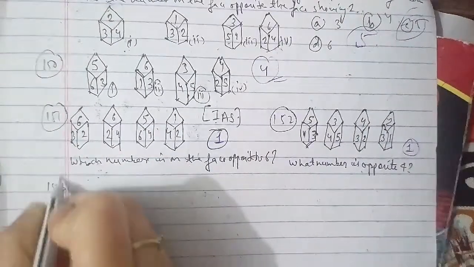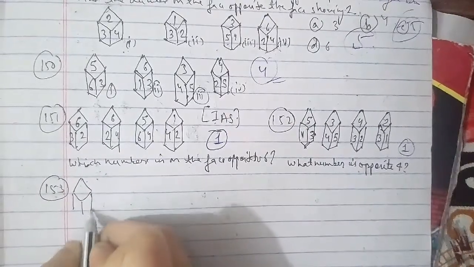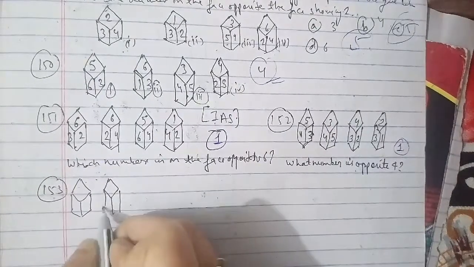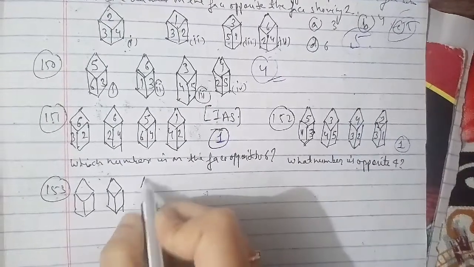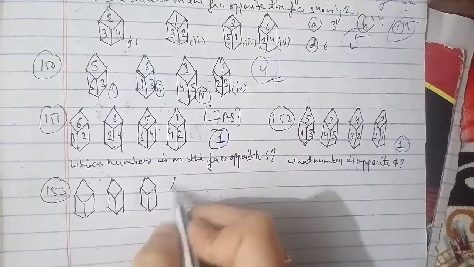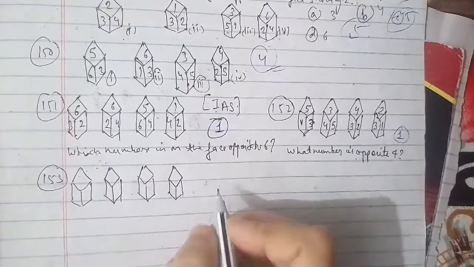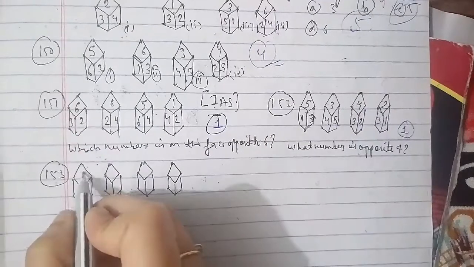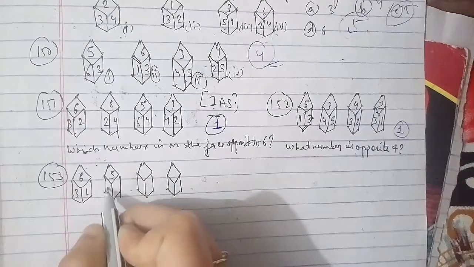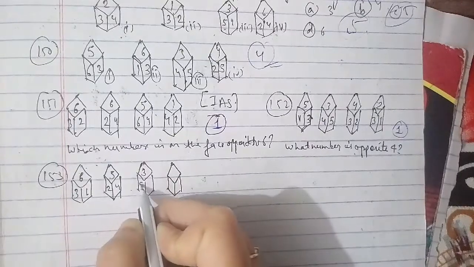So the dice has been given here, and the numbers are 6, 3, 1; 5, 2, 4; 3, 5, 1; 2, 3, 6.